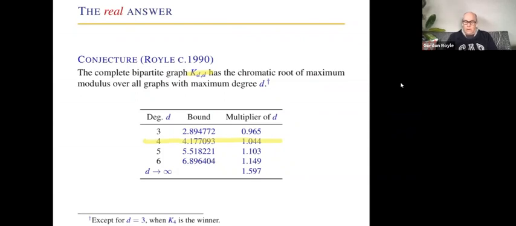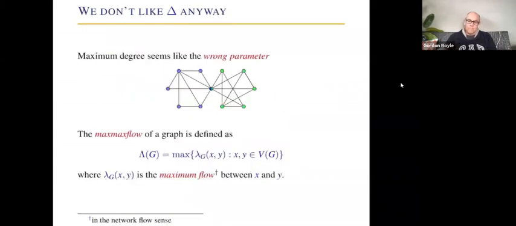And if you let D tend to infinity, then some unpublished results of Alan and Jesus Salas tell us that it's about 1.6 times D. So Alan's bound of 7.9 should really be 1.6, but I have no way of showing that.